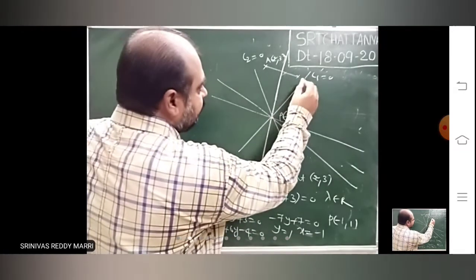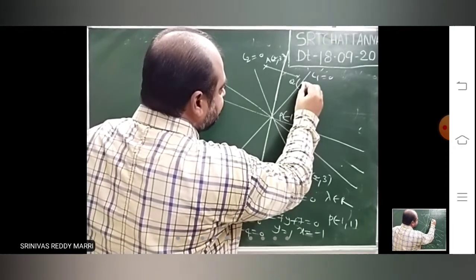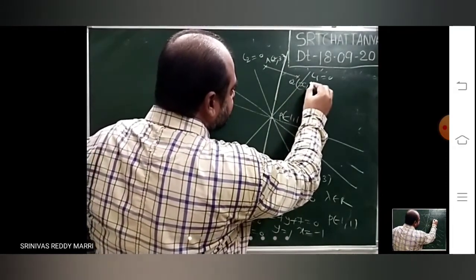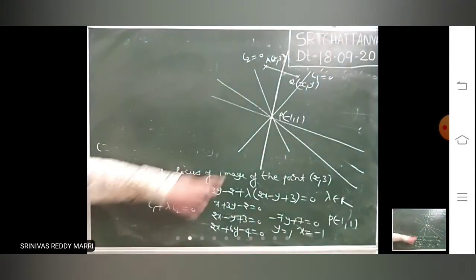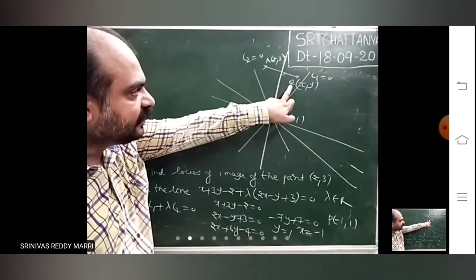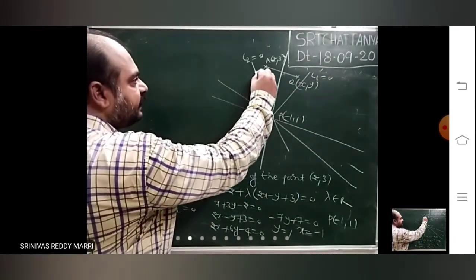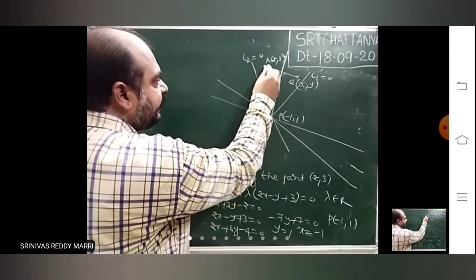Right? So let us say this is some Q. Let us say this point is the locus point, that is x comma y. You have to find the locus of Q like that in every line. This will be a variable point because in this line he has taken the image.